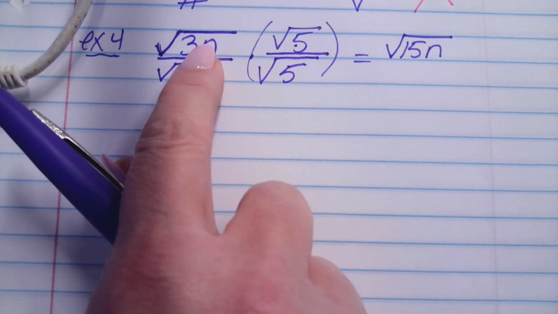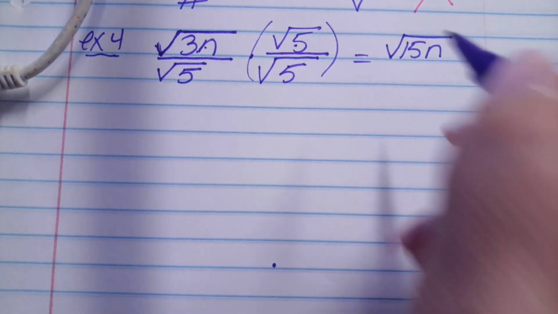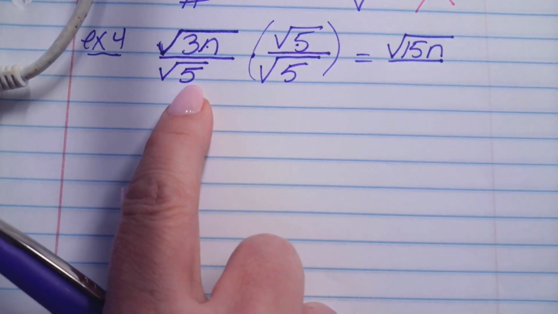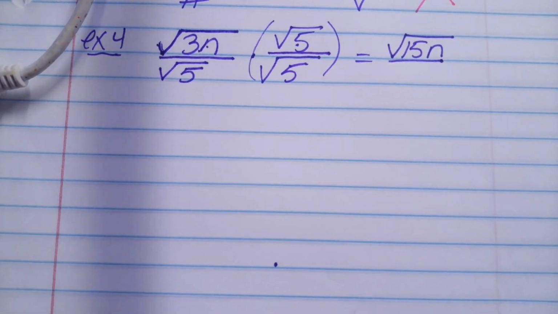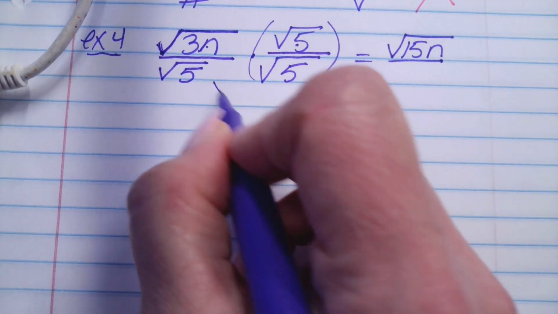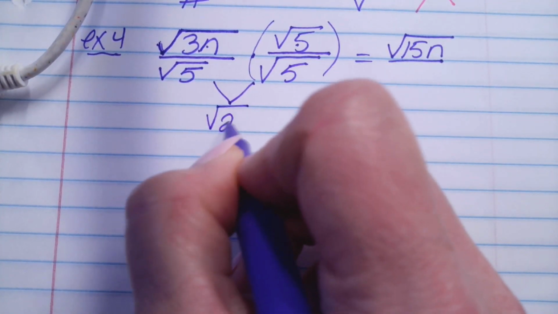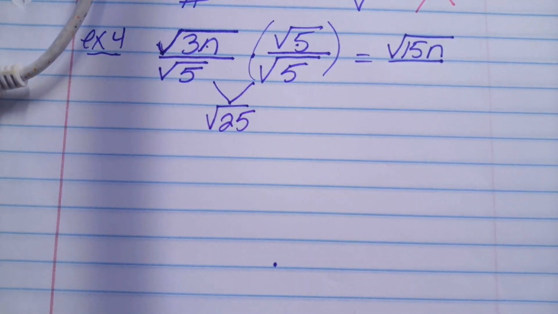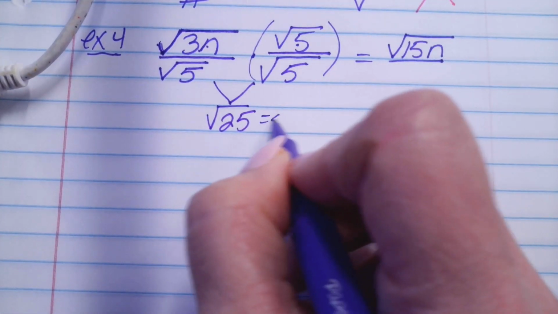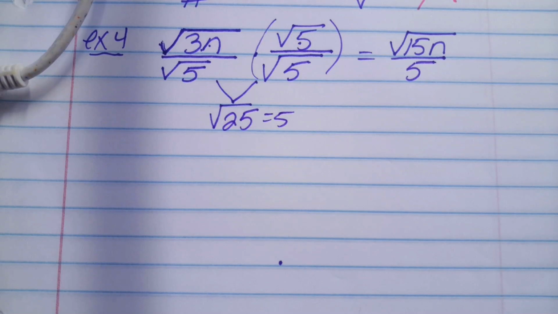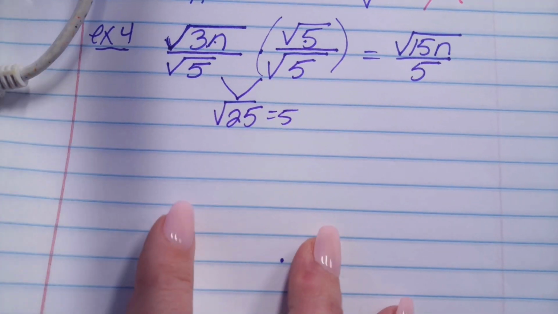But these are both inside, so we can multiply them. Okay? All right, now what is radical 5 times radical 5? What does that equal? Equals radical 25, which equals, what's the square root of 25? 5. So I get 5 down below. Okay. I can't simplify this one any further.